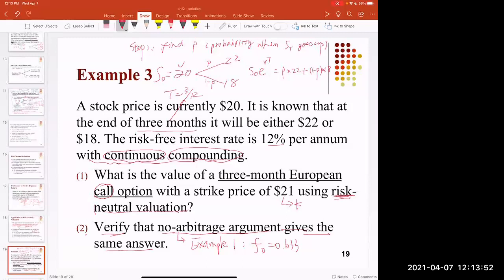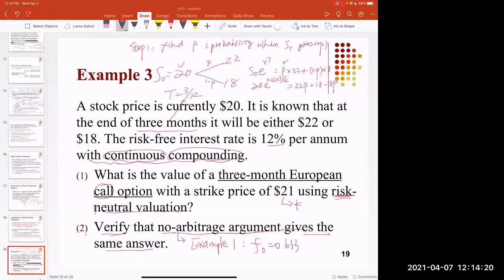So what we are looking for is P, right? First the left-hand side is 20, with interest rate 12% and T is 3 months. The right-hand side is 22P plus 1 times 18, that's 18, and minus P times 18, so minus 18P.